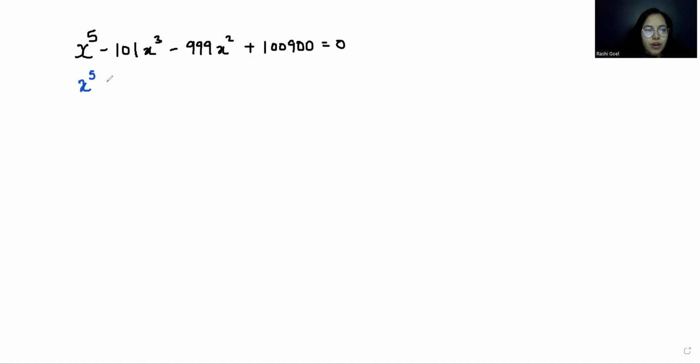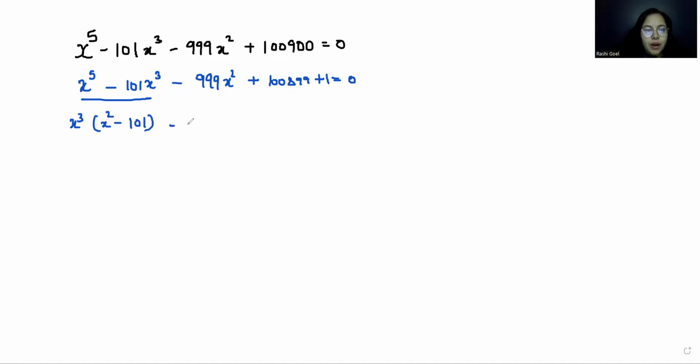So x power 5 minus 101 x cube minus 999 x square plus, we can write this as 100,899 plus 1 is equals to 0. Now if I'll take x cube common, so x square minus 101, minus, if I'll take 999 as common, so x square minus 101, plus 1 is equals to 0.